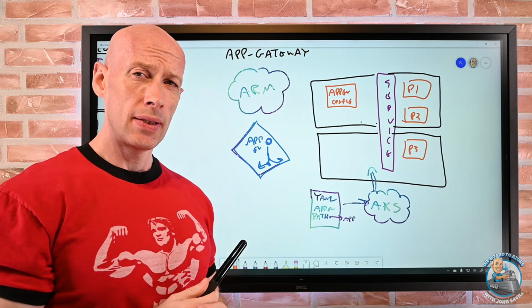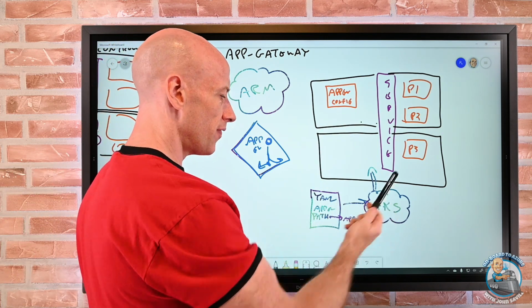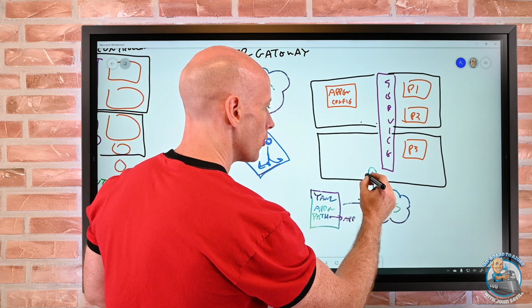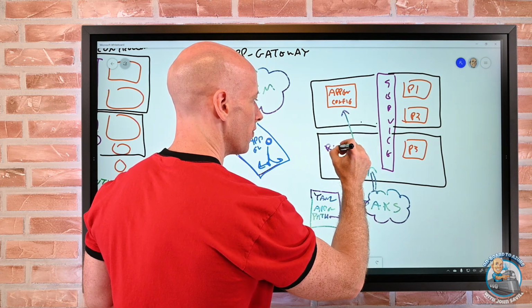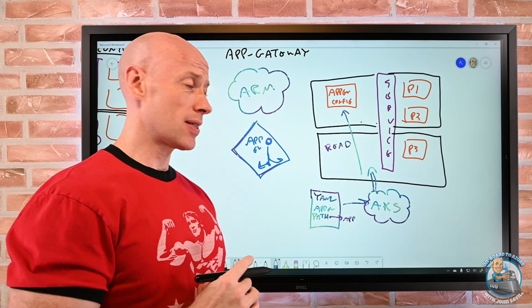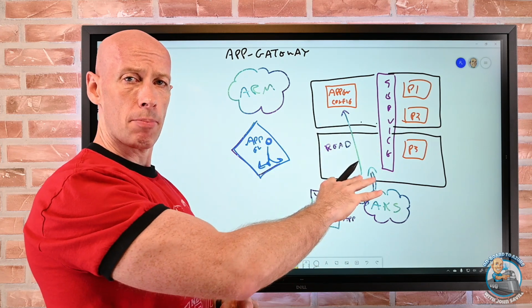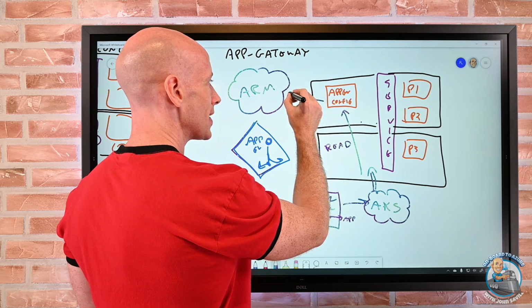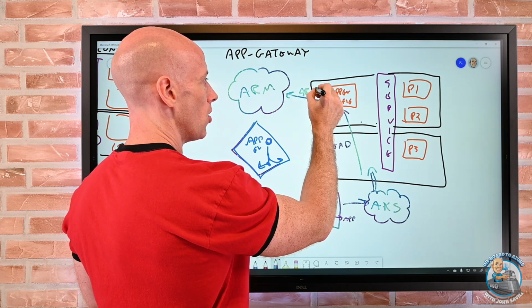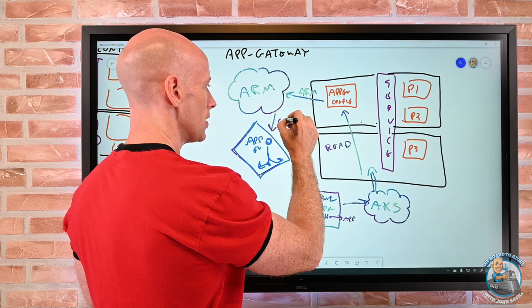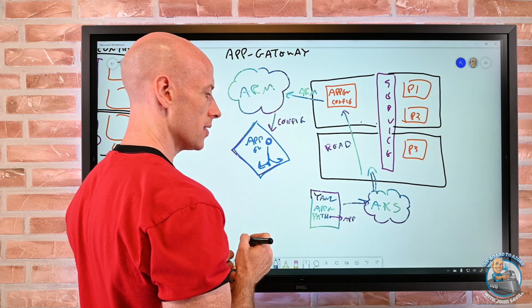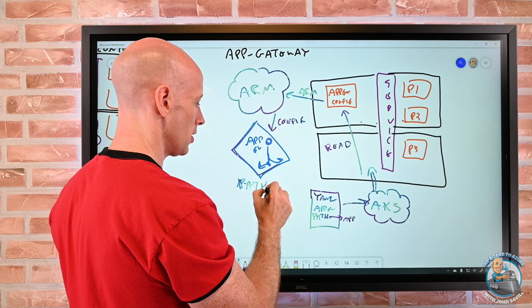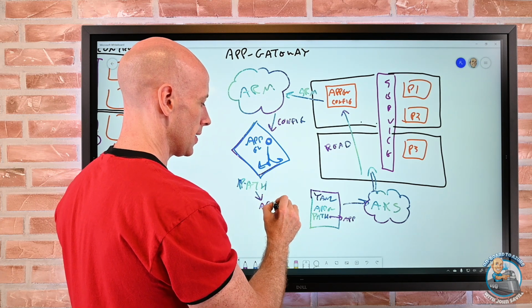Its only job, as these configurations are applied, is to read that configuration as it comes in. So, hey, this new path to this app: its job is to find that out and translate that into ARM commands so the gateway can get configured to know that this path should go to that app.